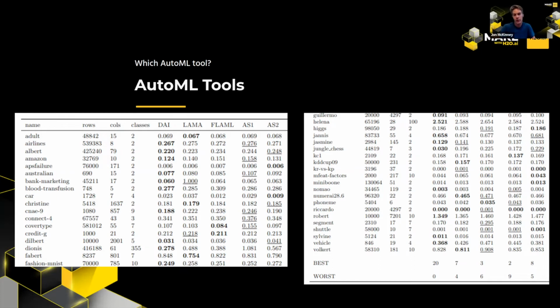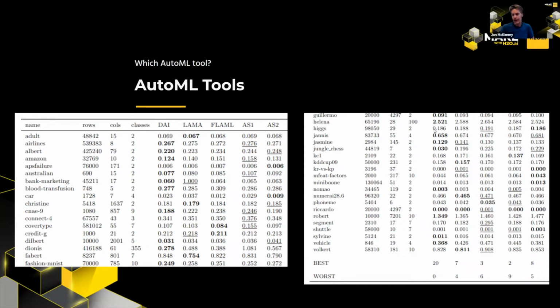This is what other tools have done in various papers. And so now that you have that, the smaller the number, the better, and you can kind of compare across tools. And one thing you can see is that I've made it bold whenever the tool has done the best. And I've underlined it whenever the tool has done the worst.